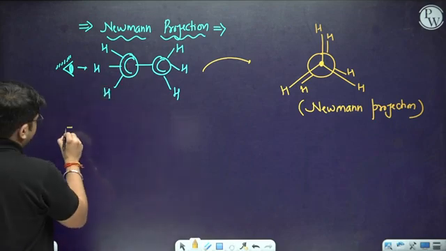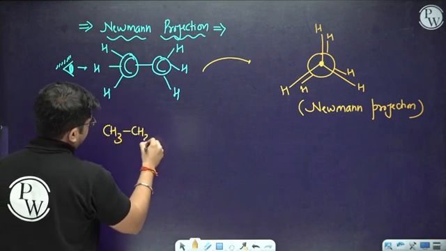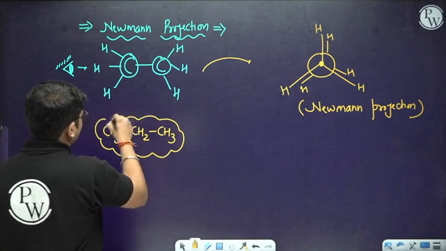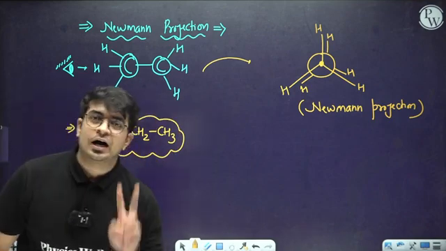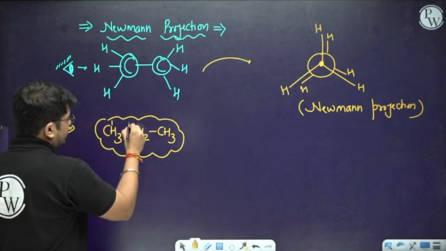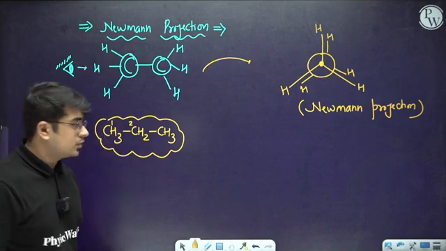Yeah, definitely. Let's say I have CH3, CH2, CH3. Can you convert this entire part into a Newman projection? You need only 2 carbon atoms for this type of projection. Let's say I consider this as the first carbon and this as the second carbon. So the front carbon will be this and the back carbon will be this.